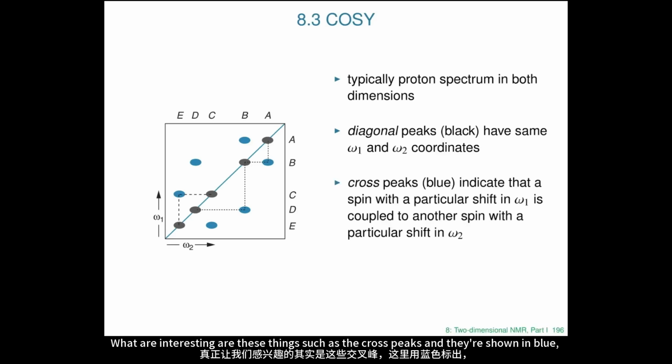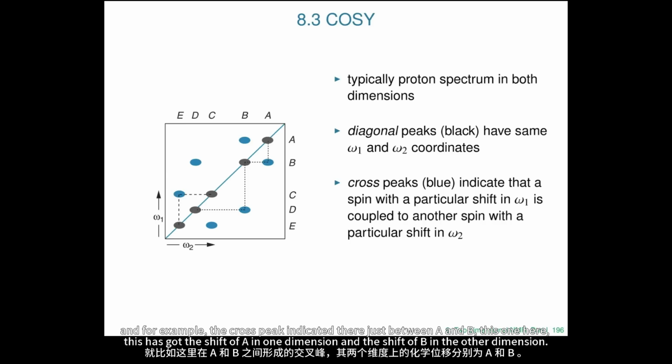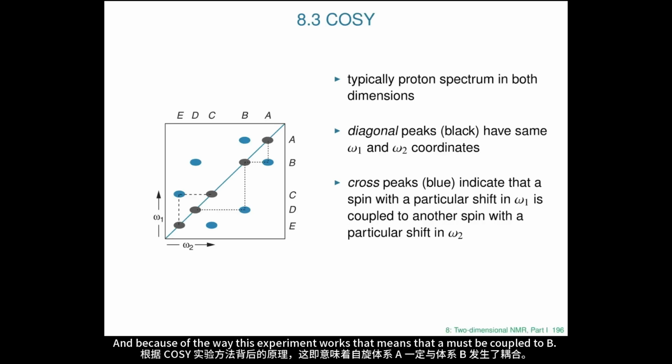What are interesting are these things such as the cross peaks, and they're shown in blue. For example, the cross peak indicated there just between A and B, this one here, has got the shift of A in one dimension and the shift of B in the other dimension. And because of the way this experiment works, that means that A must be coupled to B.